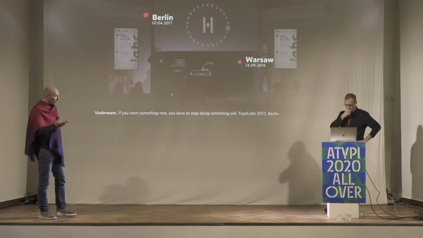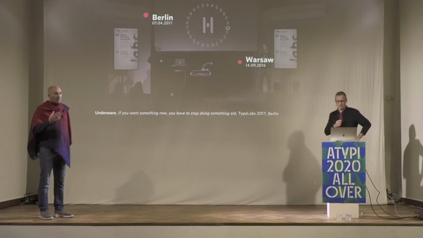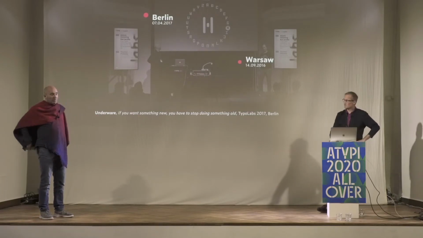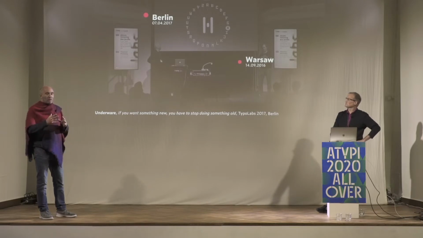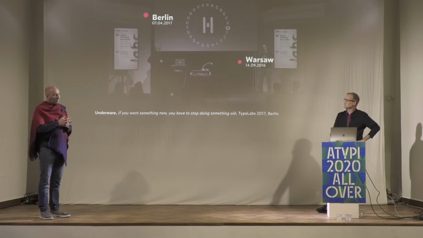After the initial presentation was done in Warsaw, one year later there was a conference in Berlin, Typolabs. I think it was one of the first gatherings where people came together and tried to talk about variable fonts and what they mean. And our question back then was that just as the horseless carriage, after all, was not a horseless carriage but a car, something new, perhaps the same applies to variable fonts.